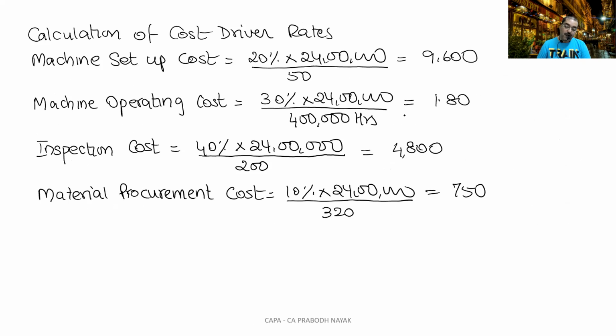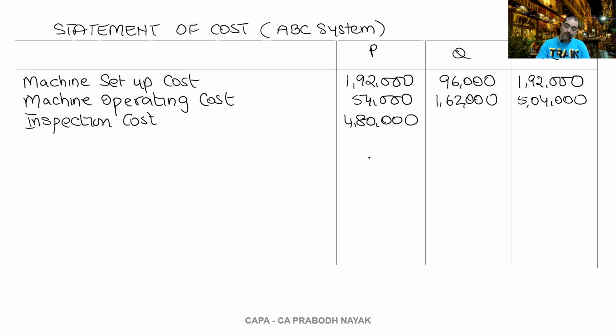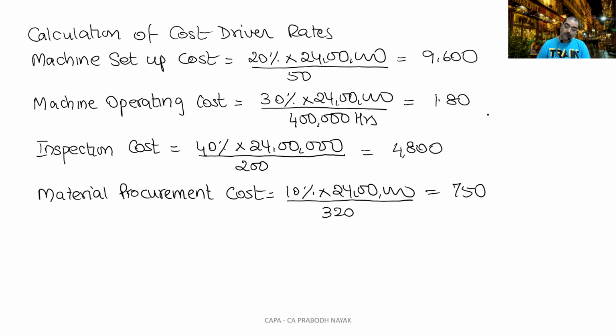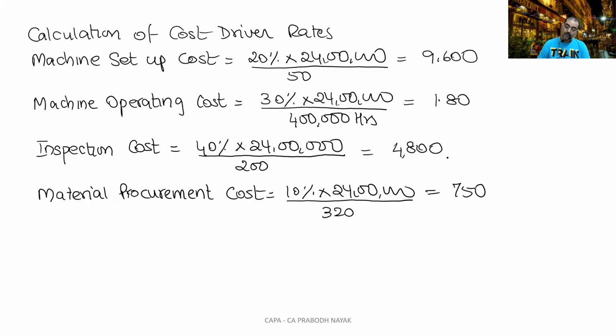Then 4,800 into 40, 1,92,000. 4,800 into 60, 2,88,000.